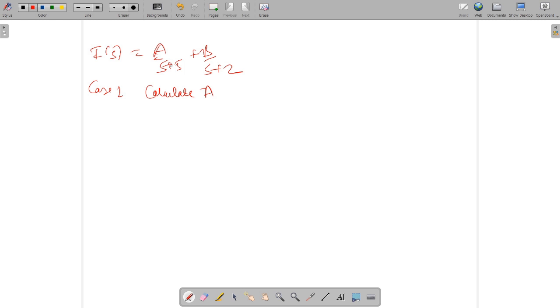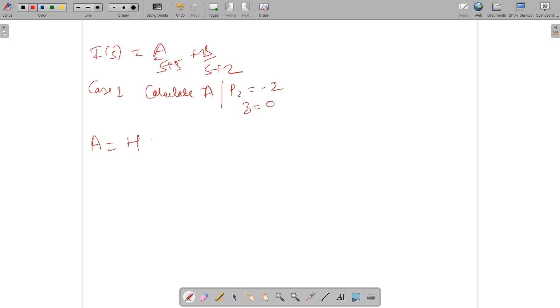So when you have to find A, you take this pole as a reference, and with respect to this pole you find the distance of this pole from the zero and from the other pole. So calculate the value of A at P2 equal to minus 2 and Z equal to 0. Now how are you going to find A?